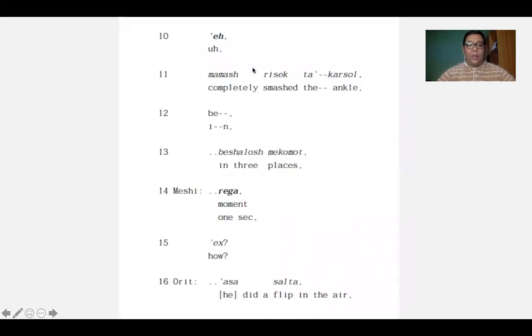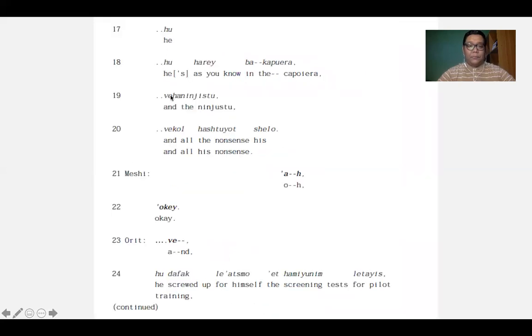And then you also have here the existence of another discourse marker, which also suggests hesitation, and then completely smash the ankle in three places. 1 sec. How? Did a flip in the air, and then he's, as you know, in the capoeira and the ninjutsu and all the nonsense, this one. And then we also have another okay.